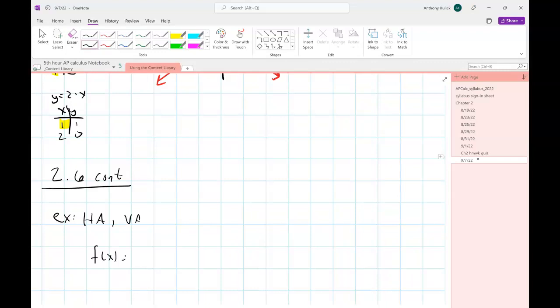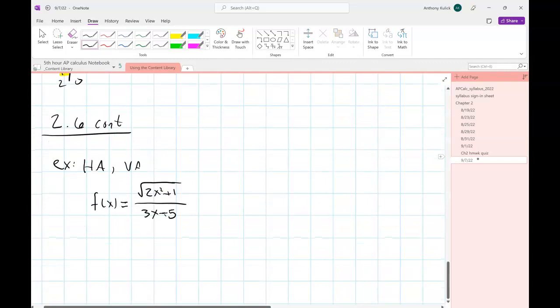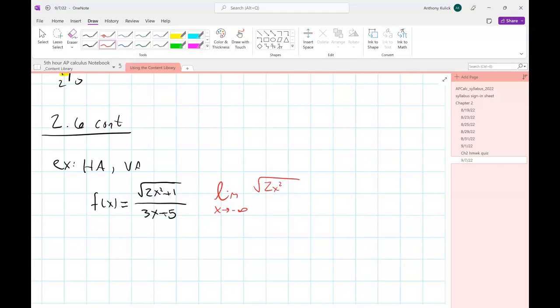So we have some function. We're looking for the horizontal and vertical asymptotes for this. That's a negative infinity there, because we have to do both ends for the horizontals.